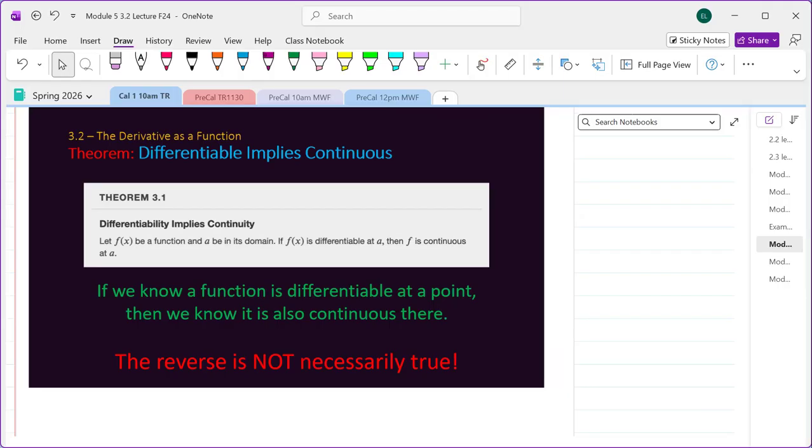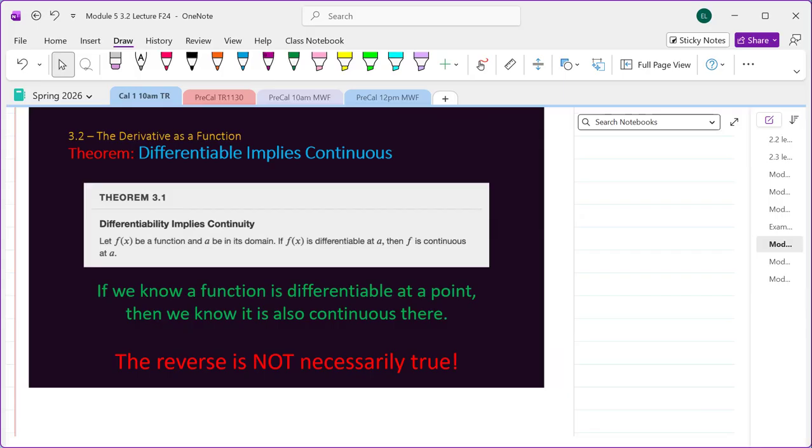And in claiming that limit exists, you actually get everything you need for continuity inside that definition. It's a pain to prove, but it can be proven. So this theorem is just saying, hey, if we know something is differentiable, that automatically tells us it's continuous.